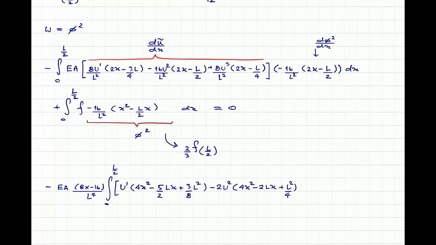Okay, 2Lx. Plus U3, 4x square, a half, that makes 3Lx, right, plus L square over 8.